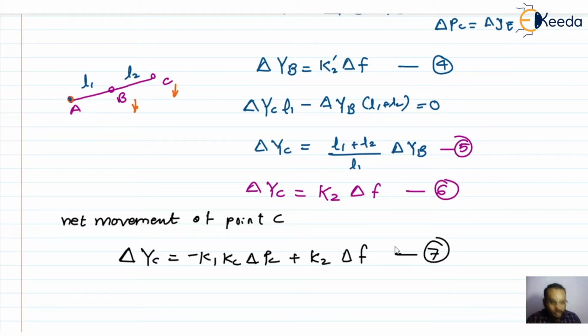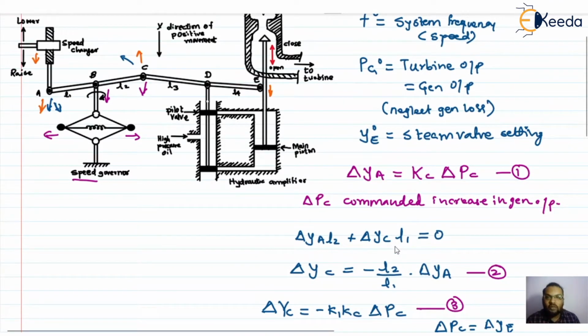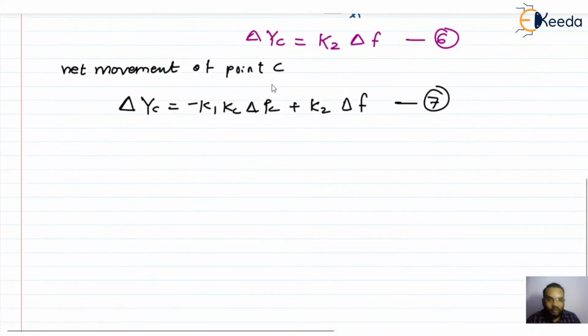Okay, now similarly, because of that, the point D will also move. So the movement of point D is contributed by movement of point C and movement of point E. It can be written as, now I'm directly writing here.